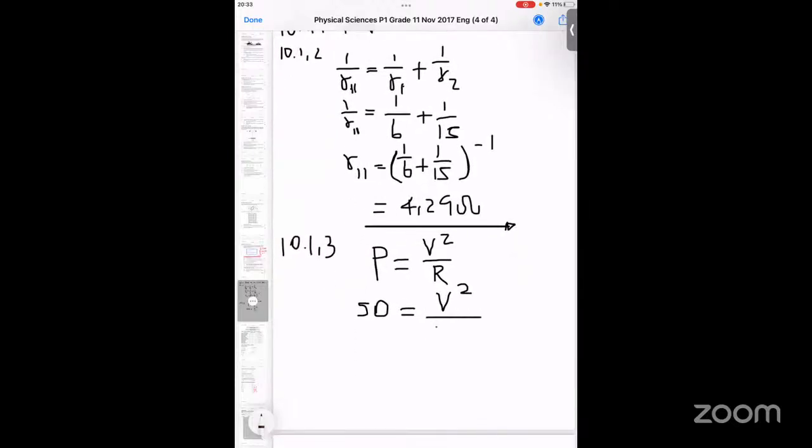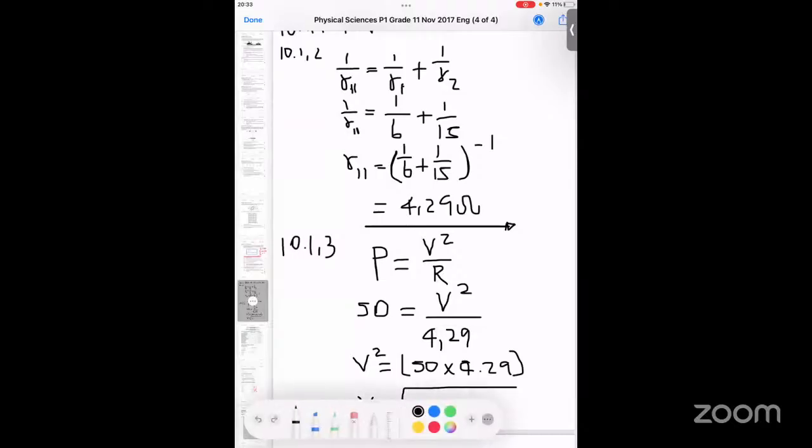Ethan said R is 4.29. That means you can just cross multiply, meaning V squared equals 50 multiplied by 4.29. And then for you to get V, you take the square root of 50 multiplied by 4.29.